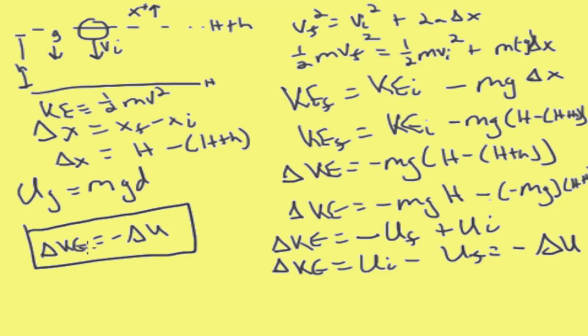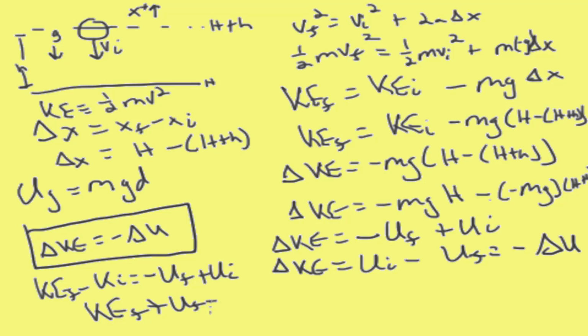So this is something we ended up with. The change in kinetic energy equals the negative change of the potential energy. We can write this out again, so we'll get KE final minus KE initial equals minus U final plus U initial. If we get the finals on one side and the initials on the other, we'll have KE final plus U final equals KE initial plus U initial.